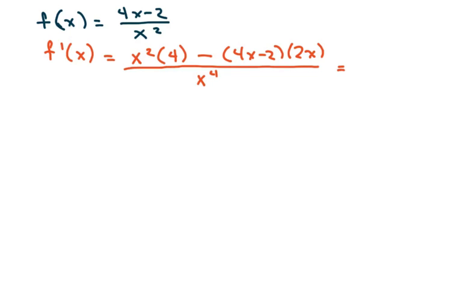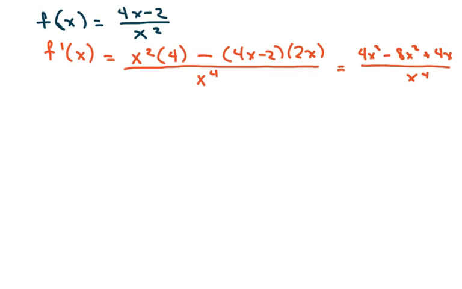Now, if you clean this up, you're going to get 4x squared minus 8x squared, and that's going to be plus 4x, all over x to the 4th.